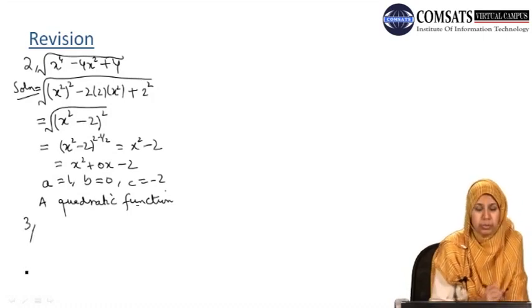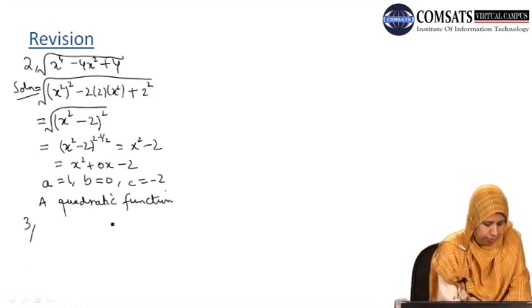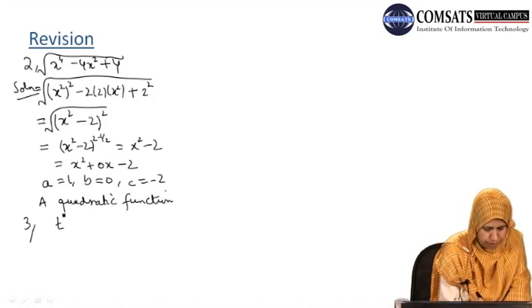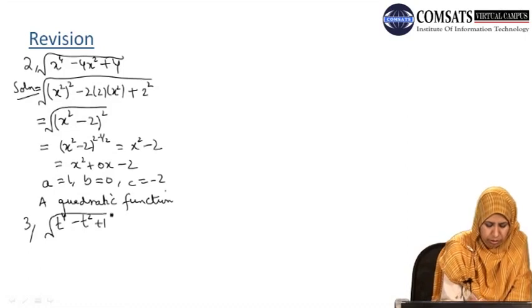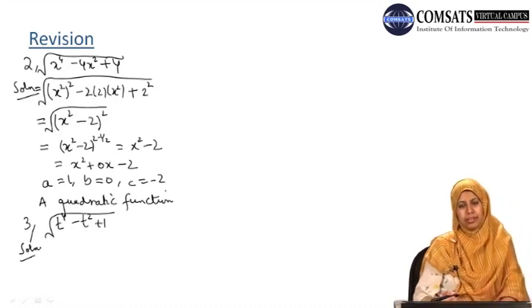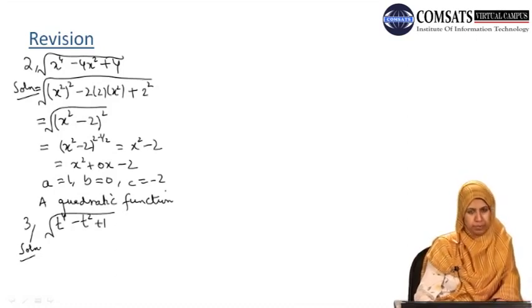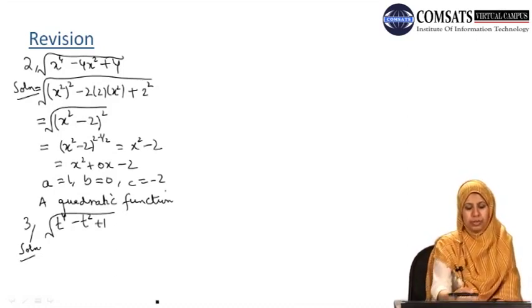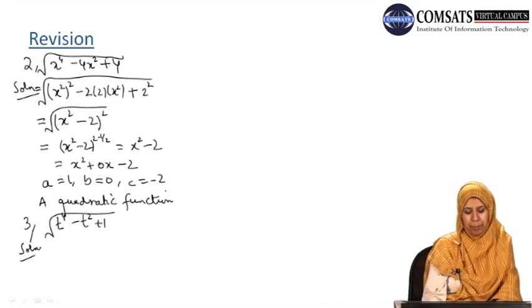Okay, one more example. We have our function t^4 minus t^2 plus 1 under root. Now, can we simplify it further in the form of a square, which we have done in our previous example?